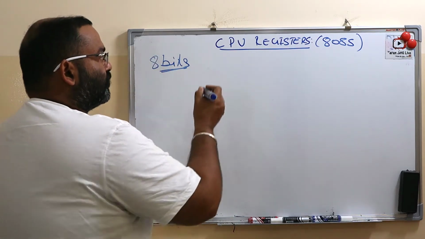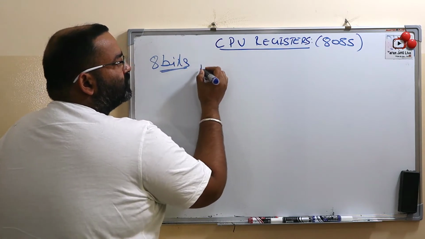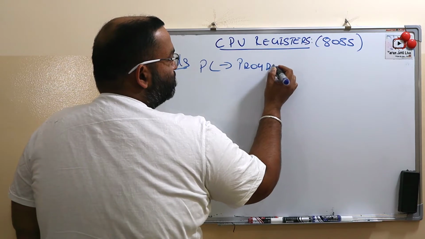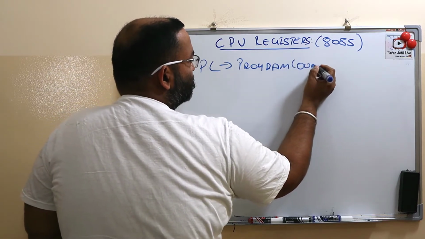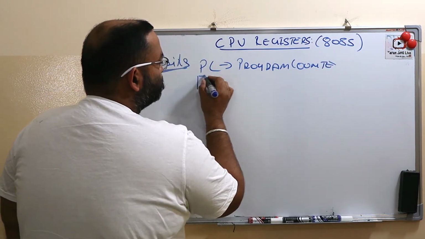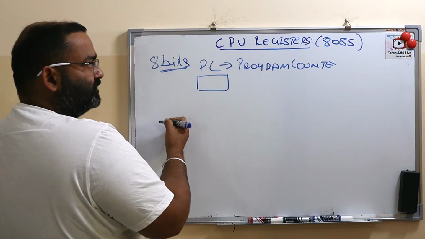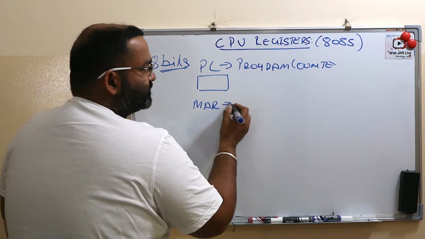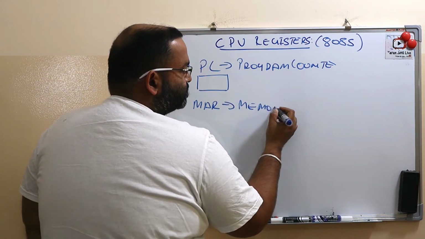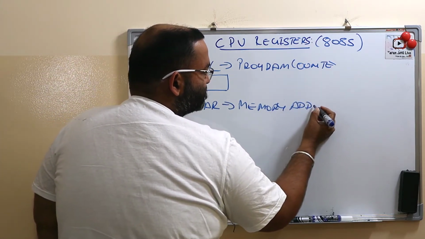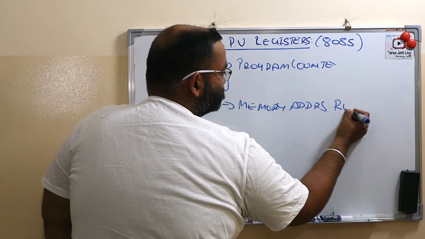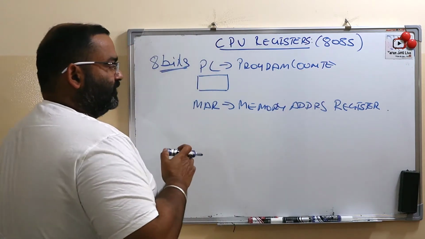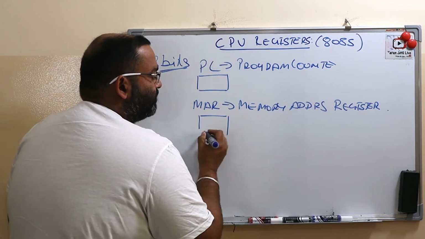It has one program counter, which we call PC. Then it has MAR, the memory address register, which is also 8 bit.